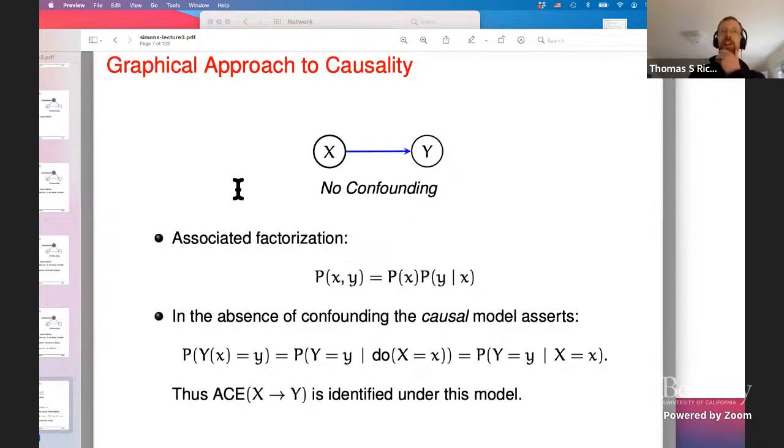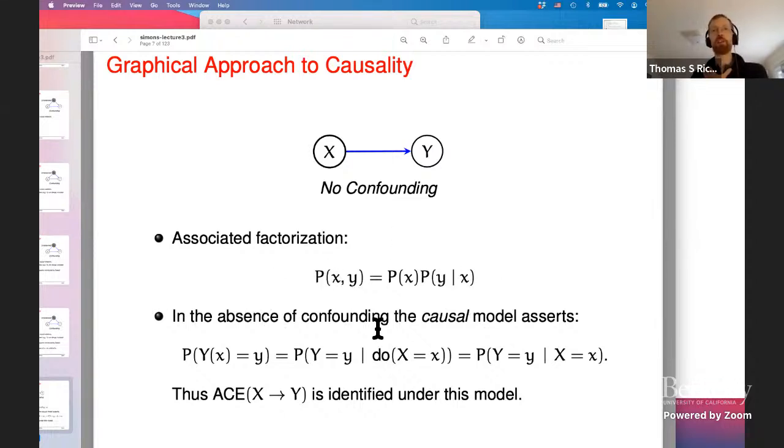So the key thing is that the graph on the left represents the case where there's no confounding variable between x and y. As you saw, we have this associated factorization, which is trivial.